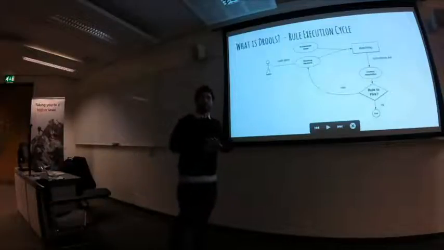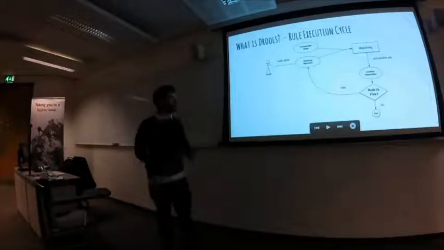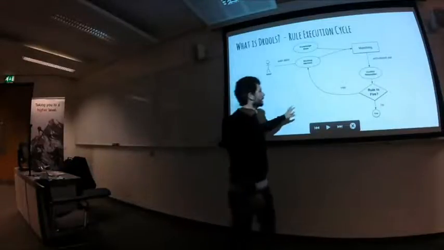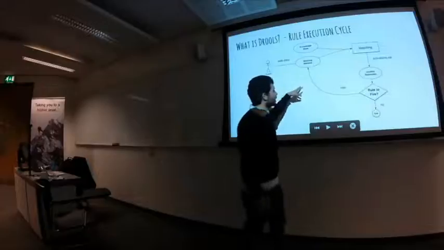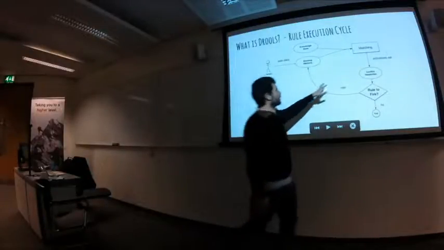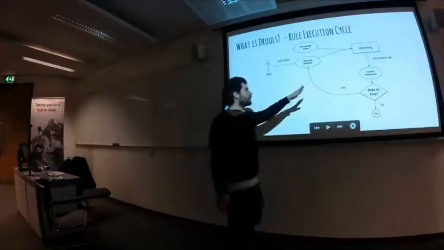But for now, we can take that as a very simple example. It will pick one, execute that one, and do the cycle again. Okay? So it will not execute, say, 100 activations.